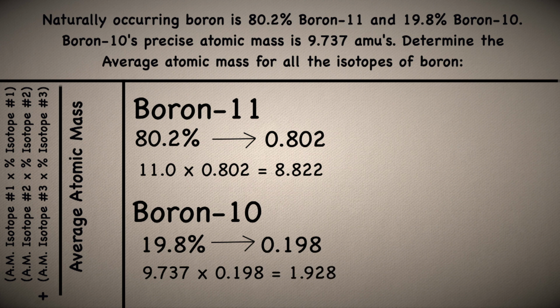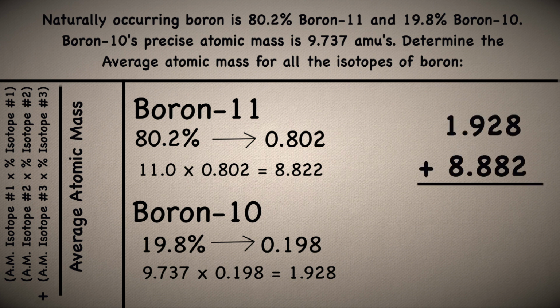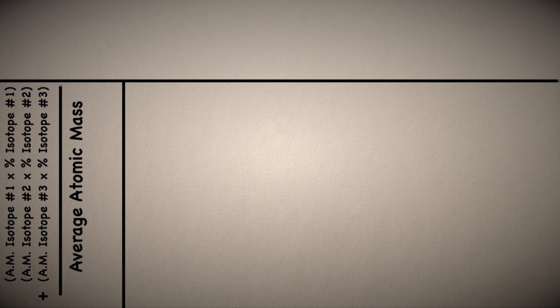Now all we have to do is add what we got for boron 10 and boron 11 together, and we get 10.75, which is close to what boron's atomic mass is on the periodic table. So that's how we know we got it right. Now let's go to the next one.